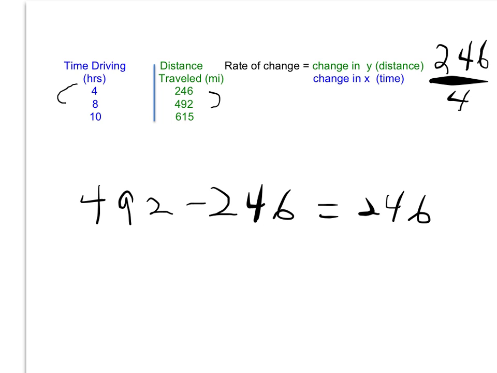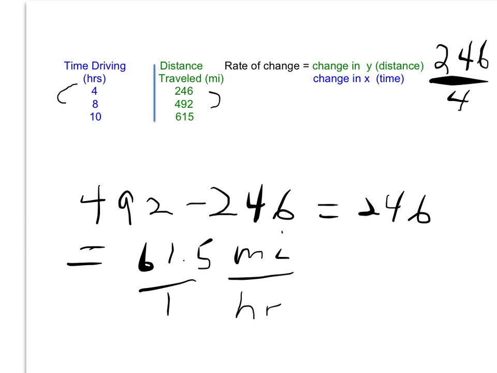When we divide 246 by 4, we get 61.5. And again, let's do the labels. The change in y, it's miles per hour. We reduce that, so that's per 1 hour.